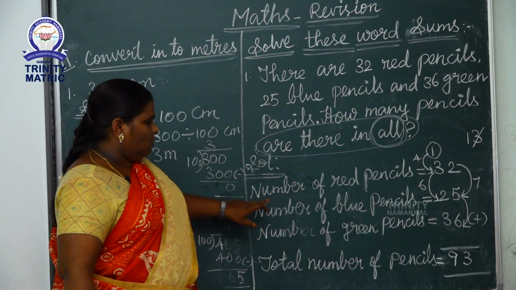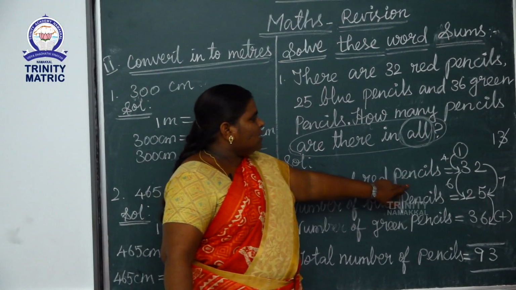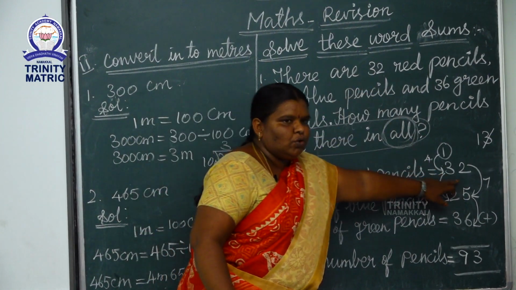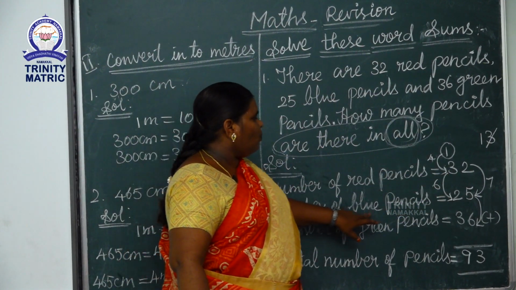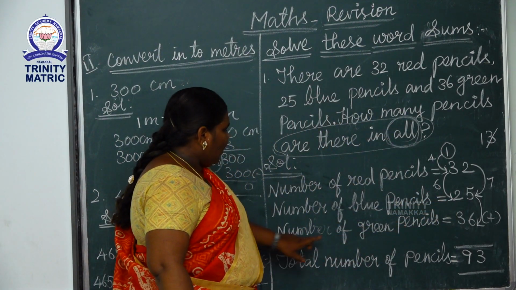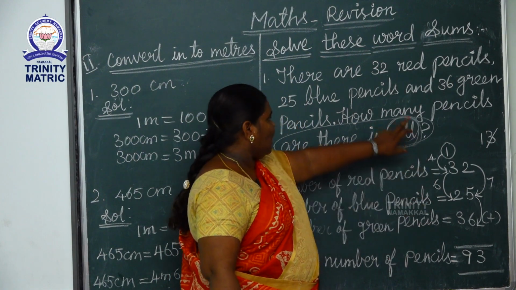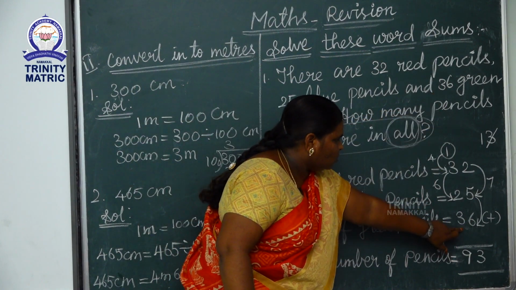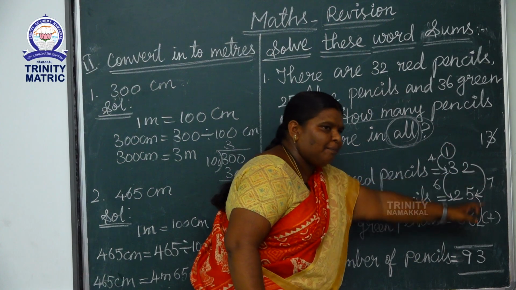I say again. Number of red pencils, how much? 32. Number of blue pencils? 25. Number of green pencils? 36. You add these three numbers.